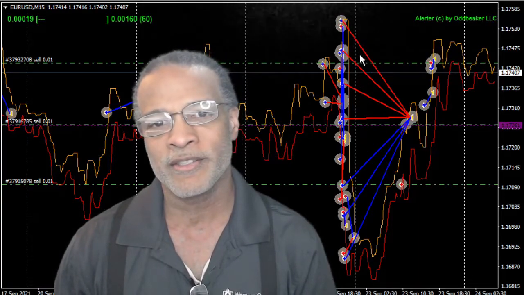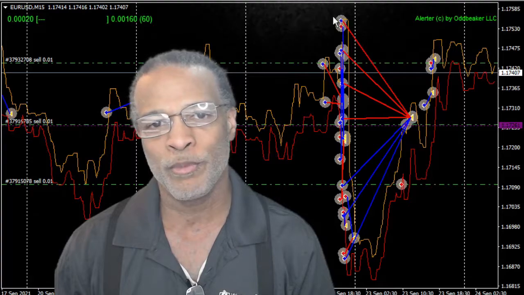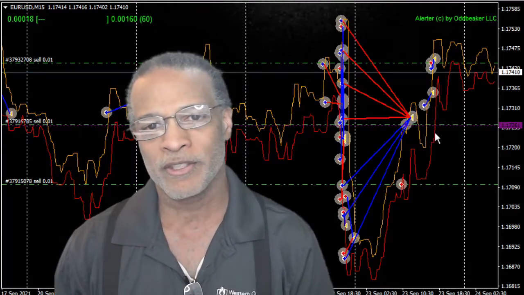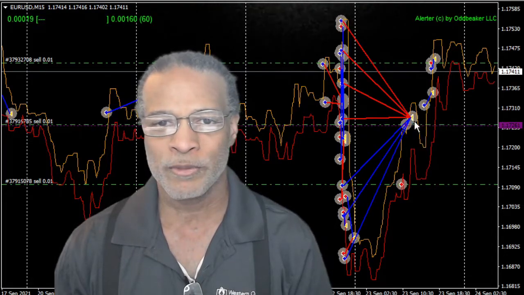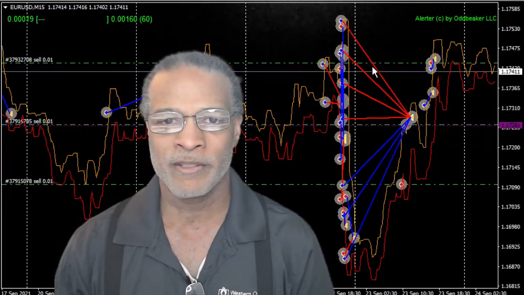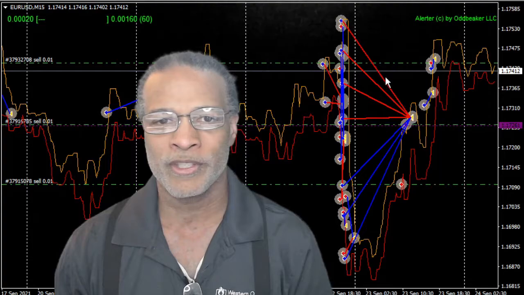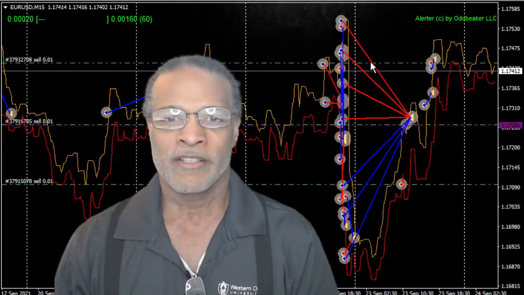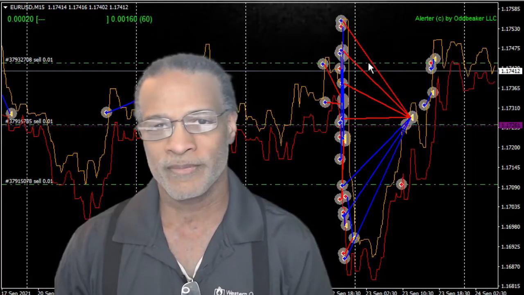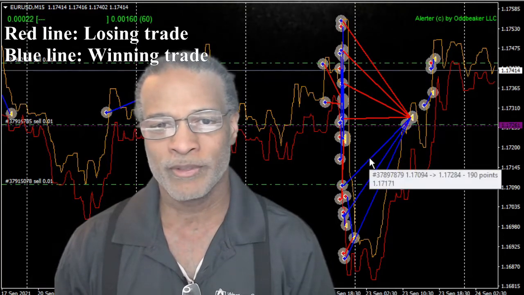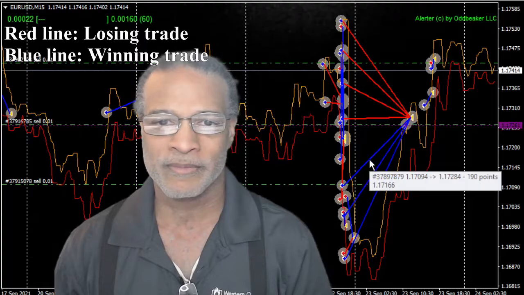And as you can see, these lines basically connect the opening of the trade to the closing of the position, right? So open position here, close position here, and the line connects the open and the close. The line is red if the trade was a loser. The line is blue if the trade was a winner.